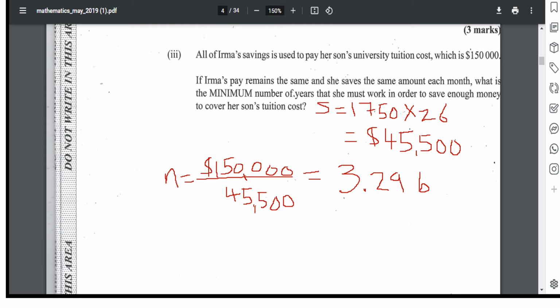So the minimum number of years, we will round off this 3.296 to the next highest value. So she would have worked 4 years to fully cover the cost of paying her son's tuition by saving the same amount each year. That's the answer.